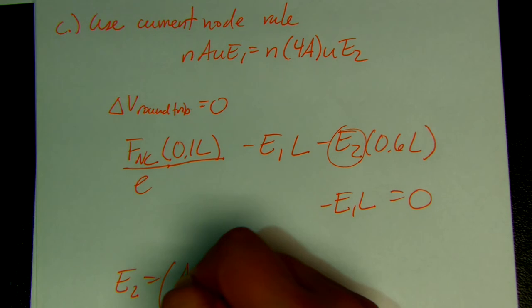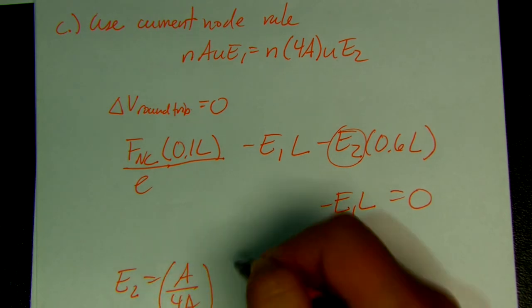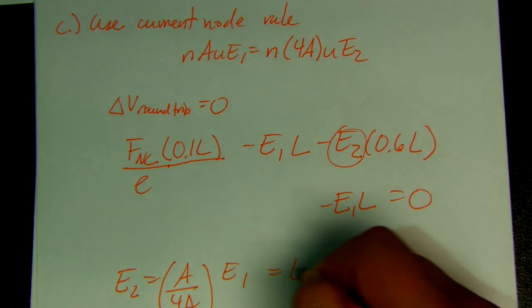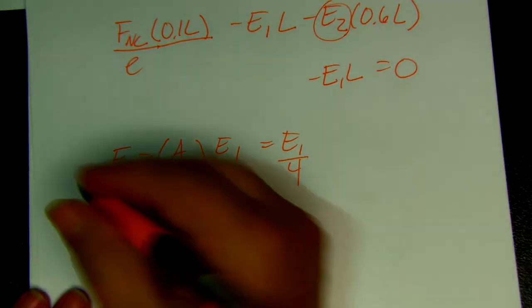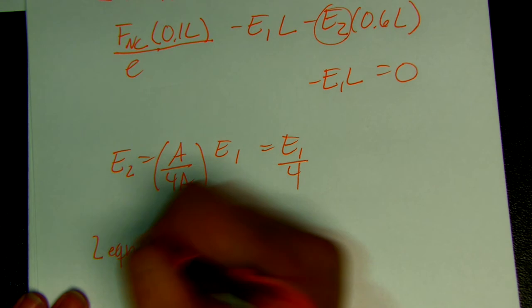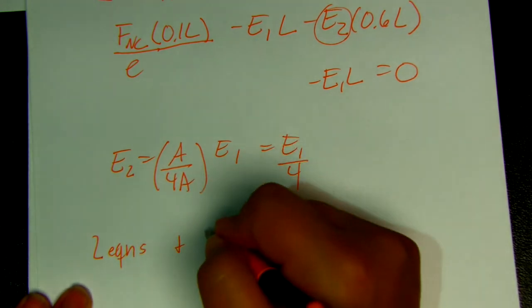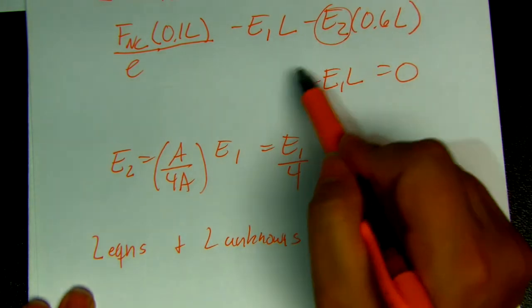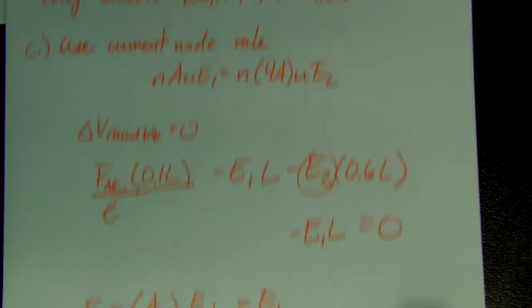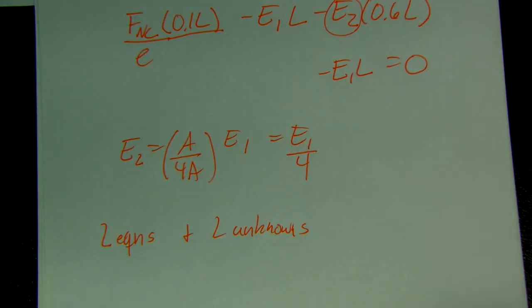E2 is equal to A over 4A times E1, which is equal to E1 over 4. So right now we have two equations and two unknowns. One came from loop rule and one came from current node rule. So you should be seeing that when in doubt, start with these two things.